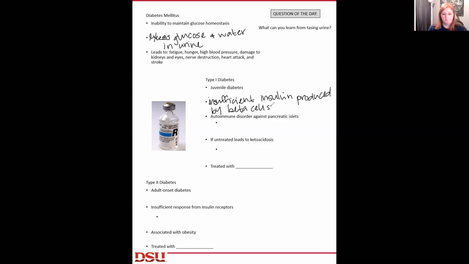Okay, so, well, I'll get into that in a second. Type 1 diabetes is considered an autoimmune disorder that has targeted and destroyed those little pancreatic islets, the islets of Langerhans, that have been secreting insulin, okay?